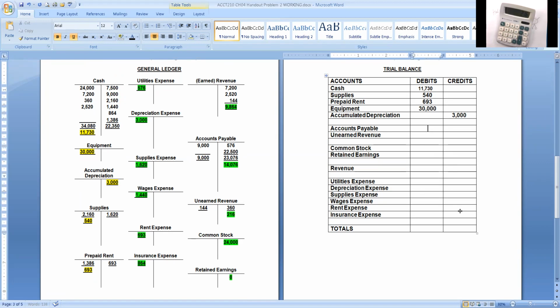Okay, accounts payable is a credit for 14,076.